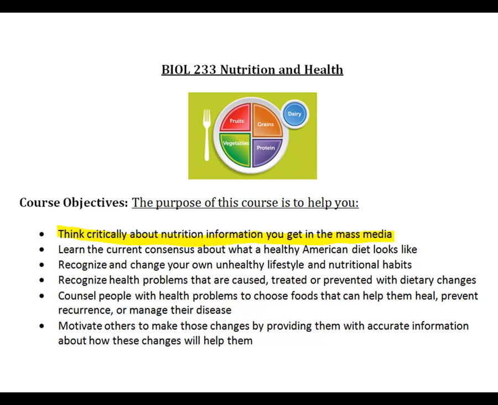One of the major goals of this course is to give you tools so that you are able to look at that information and, without even being an expert, make decisions about what to believe and what to wait a while to see how things turn out.